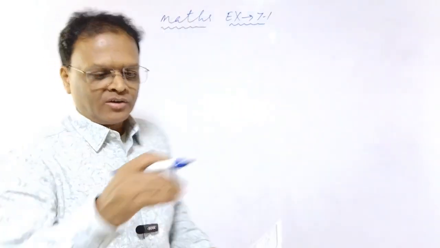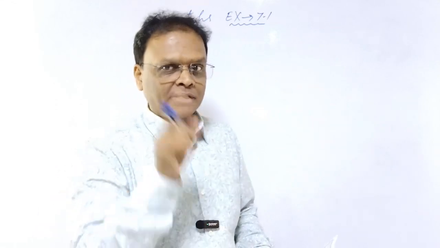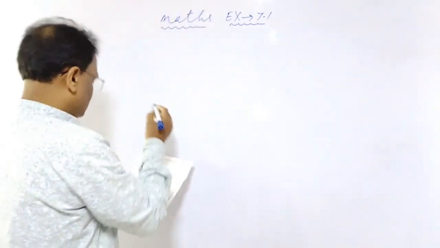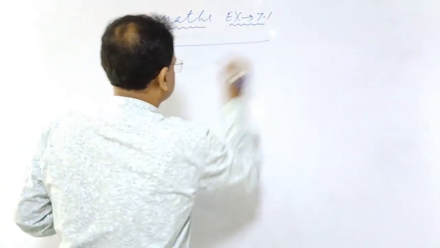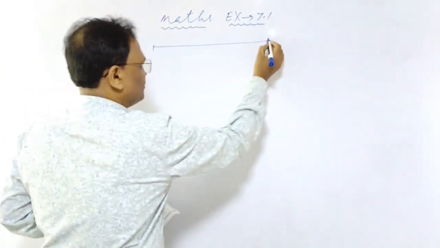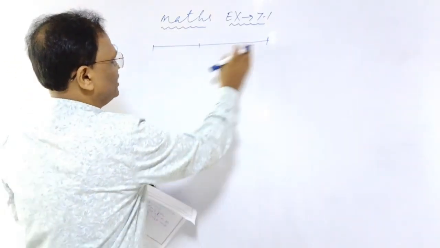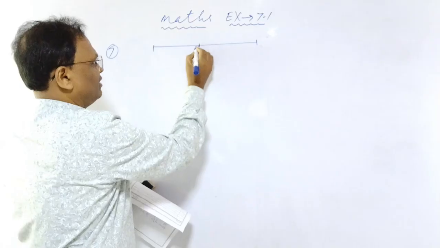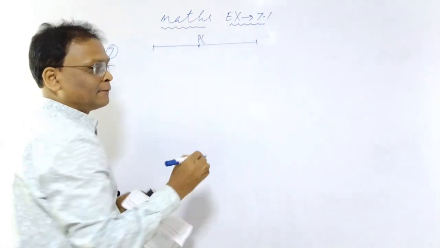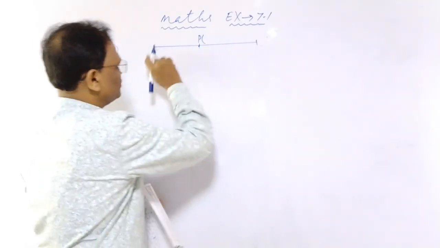You have to find a point on the x-axis. That point is at equal distance from the two points. This is your x-axis. Suppose this is a point on the x-axis. This point is equidistant from these two.